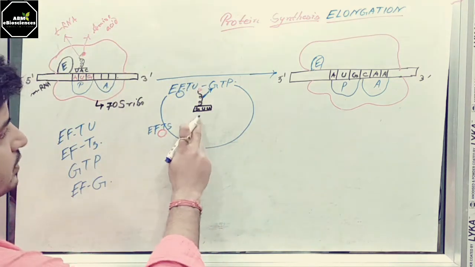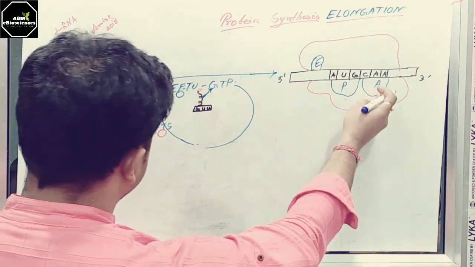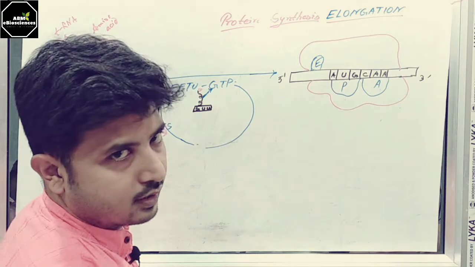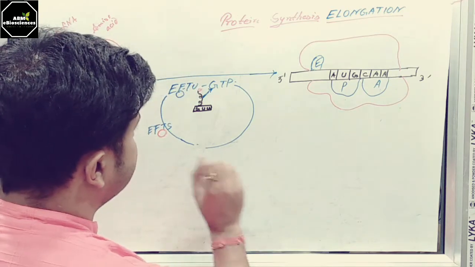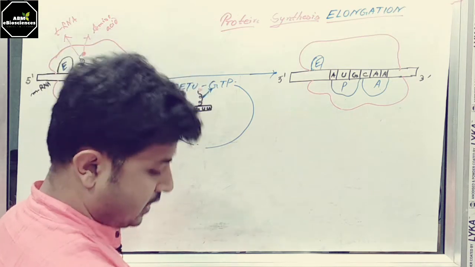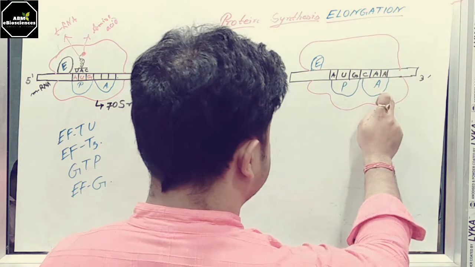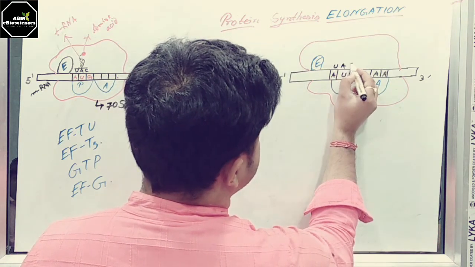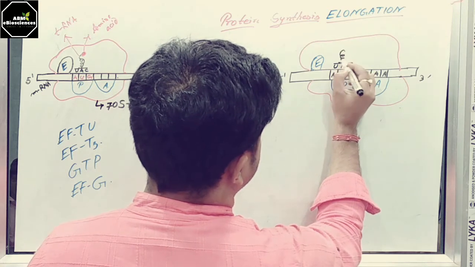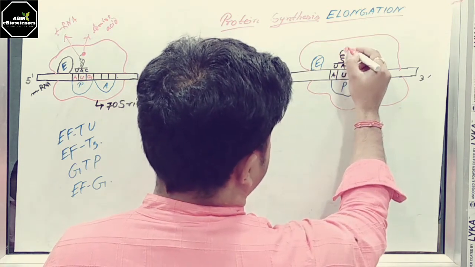Now this next tRNA is going to bind to that CAA codon which is present in the mRNA. Here the EF-TU GTP complex will come and bind with this codon in the A site. So already we have UAC with the first amino acid.